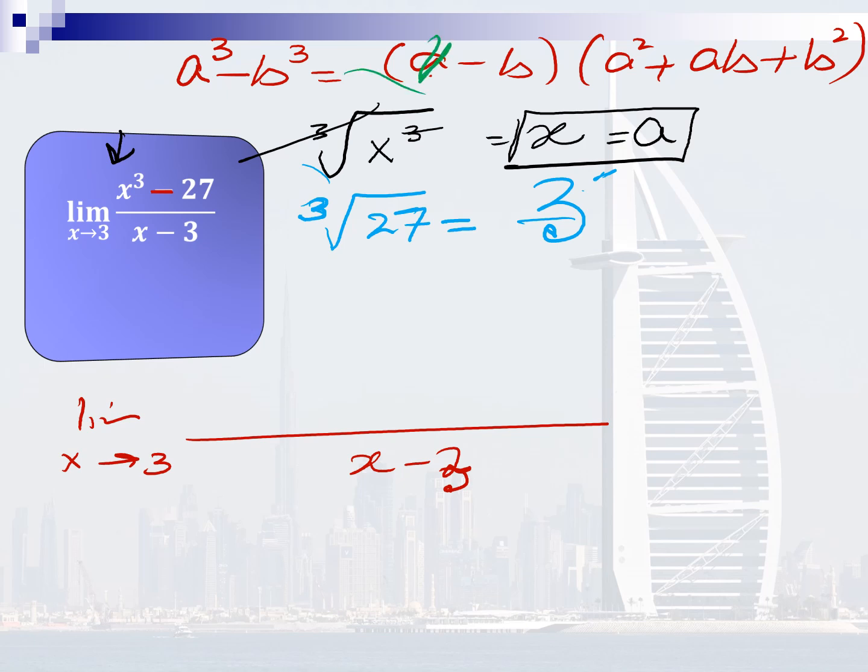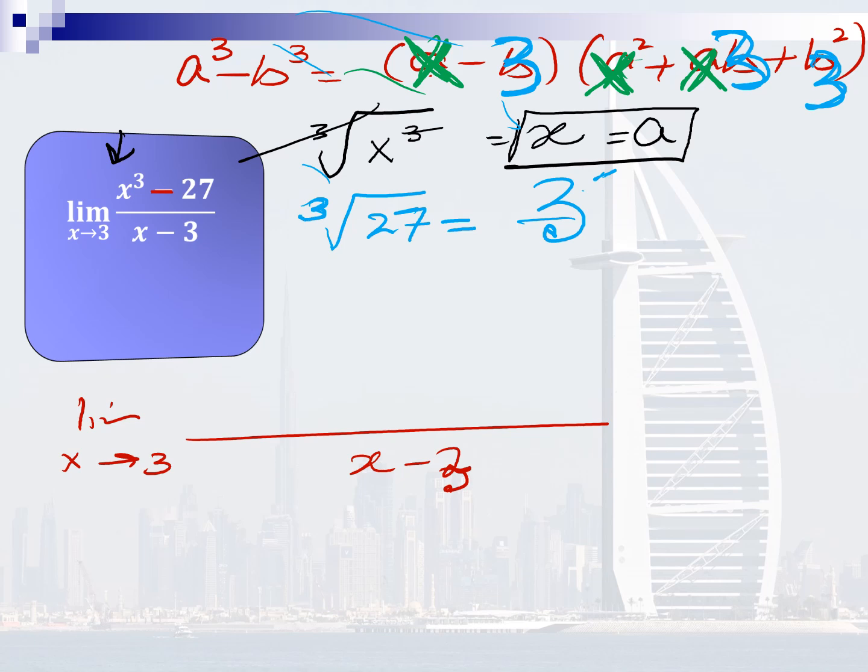So this is x, this is x, and this is also x. And replace b by 3. So where is 3? Here it is 3, here it is 3, and here it is 3.